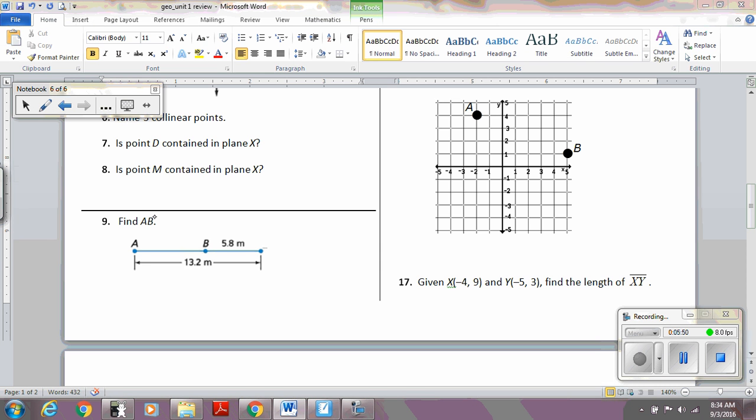Number 9 wants us to find the length of AB. So again, whenever that bar is not there, that means length. So this is our segment addition piece. We know that AB plus BC should equal AC, because this is point C. It was cut off by accident.